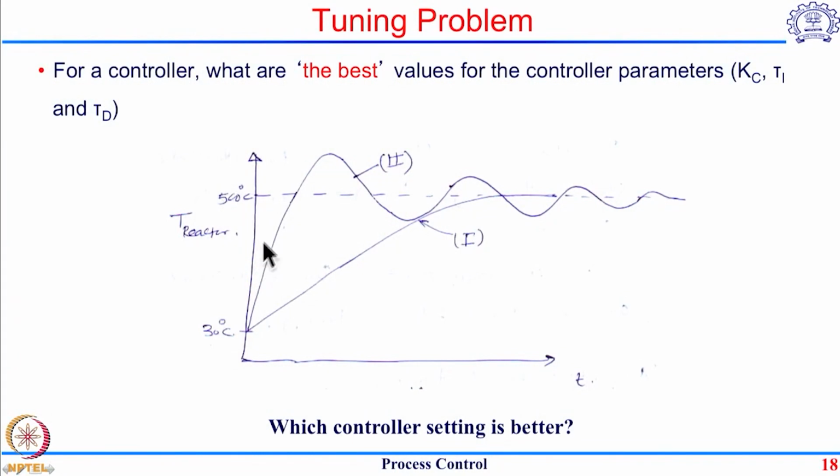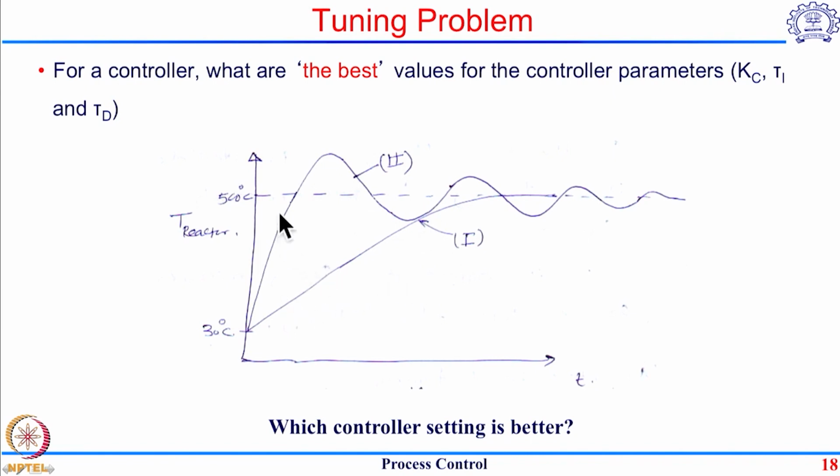So let us say that this reaction would not start unless the temperature reaches 500 degrees or very close vicinity of 500, let us say 450 degrees. Up to that the reaction would not start. So for the first controller, the 450 temperature would reach somewhere down here. So up to all this time the reaction will not take place. So this is more like an idle time.